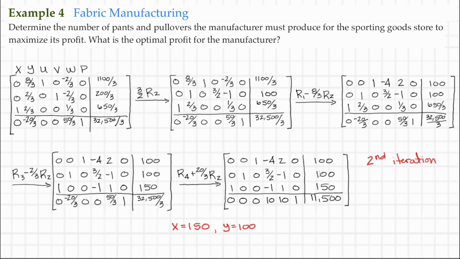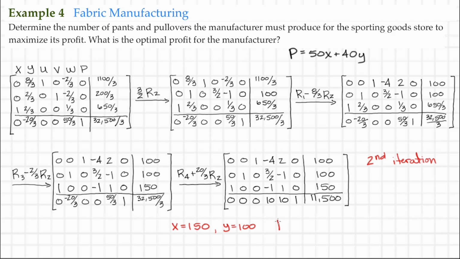pullovers. And the original objective function was P was equal to 50X. X again is our jogging pants plus 40Y. And 40Y again was our pullovers.